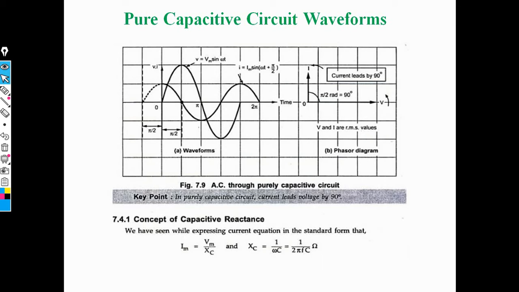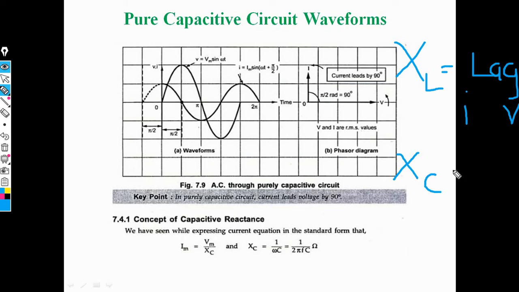Now in an inductive circuit, current lags. Listen carefully: in inductive reactance, current lags with respect to voltage, but in capacitive reactance, current leads.